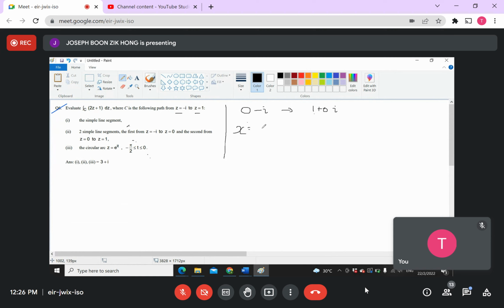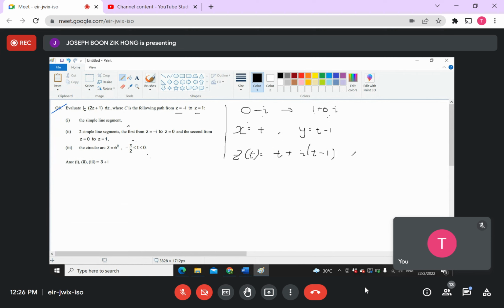Y will be 0 minus negative 1, so 1, so it will be t as well. So 0 minus negative 1, so t, and then plus the negative 1, so minus 1. So that means now your z(t) will be t plus i times (t minus 1).